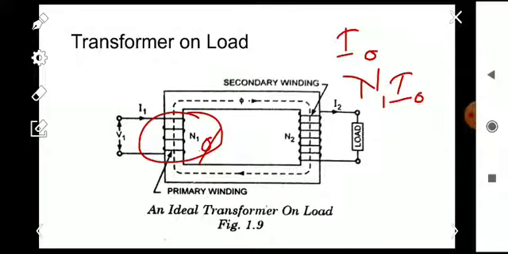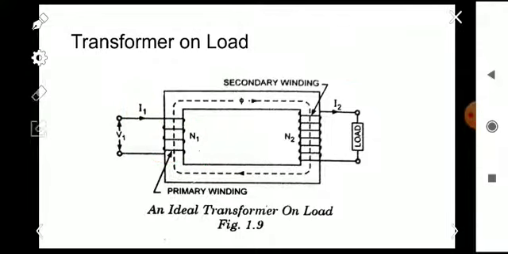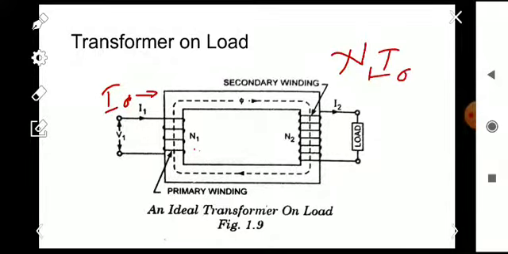So here, we are considering the previous no load case, where a small current I0 is flowing. Due to that, an MMF N1 into I0 will be there, which produces a flux phi.